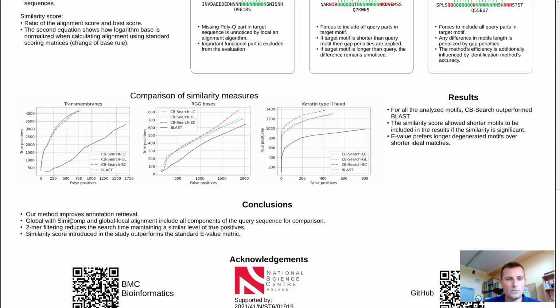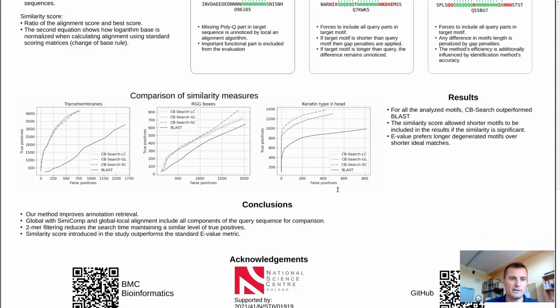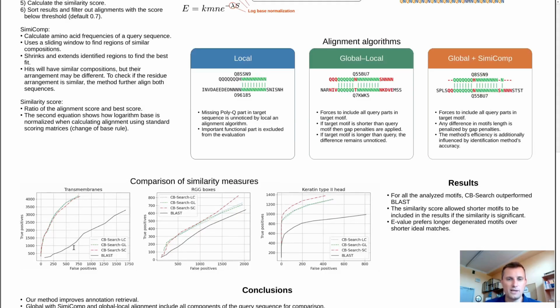Global alignment with semicomp and global-local alignment include all parts of the query sequence more frequently than local alignment. This is because here we apply gap open and gap extend penalties. And finally, our similarity score introduced in the study outperforms e-value, which is visible over here, so the results are significantly better.